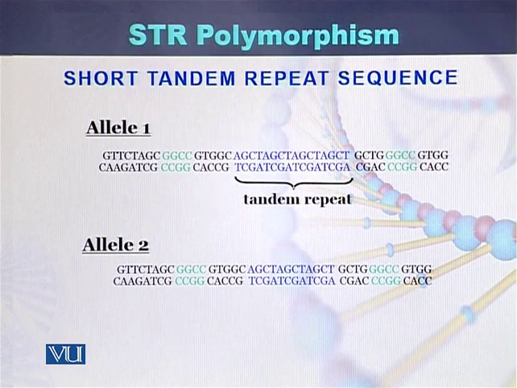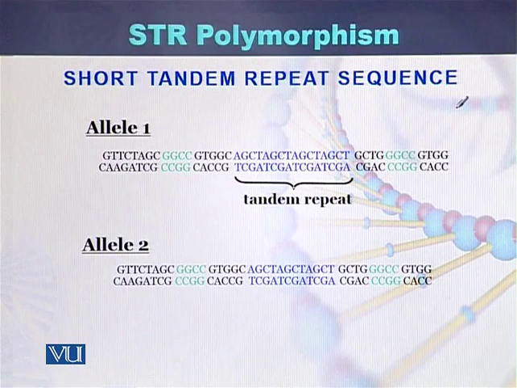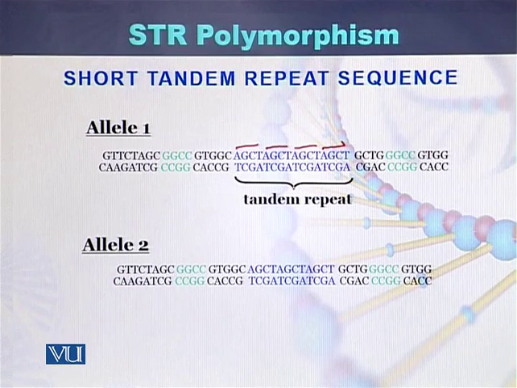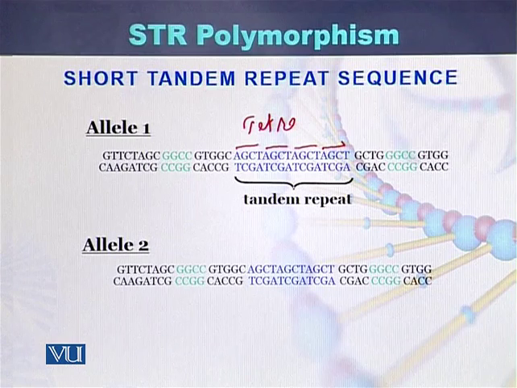Here, to understand short tandem repeat sequences and how tandem repeats occur: in this case, there is a repetition of AGCT, again AGCT, again AGCT, again AGCT. So there are 4 tandem repeats of a tetranucleotide. Because these are 4 nucleotides, we say it is a tetranucleotide.